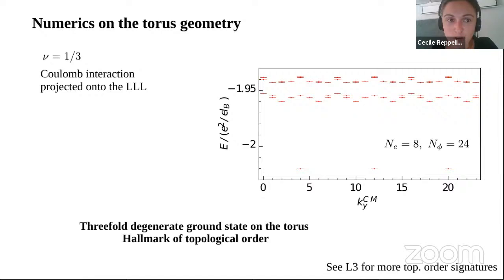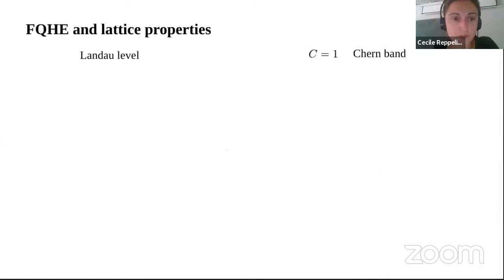And I want to add two more components that will be really necessary when it comes to analyzing the possibility of such states in Moiré superlattices. One of them is the presence of a lattice, and the other one is the presence of additional degrees of freedom, like spin. So let me start with the lattice.